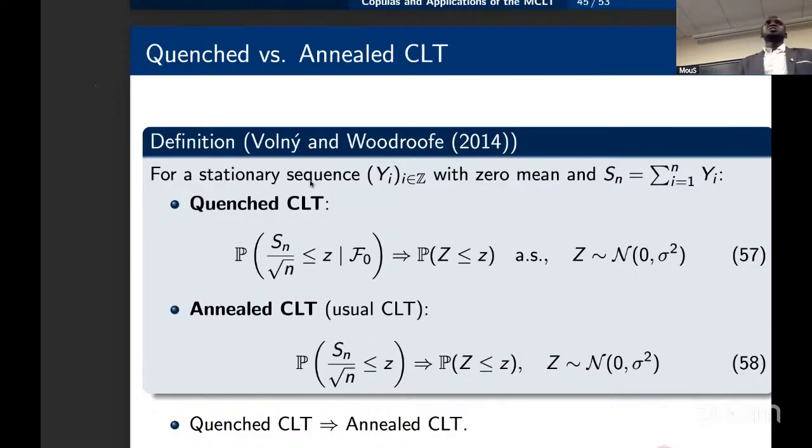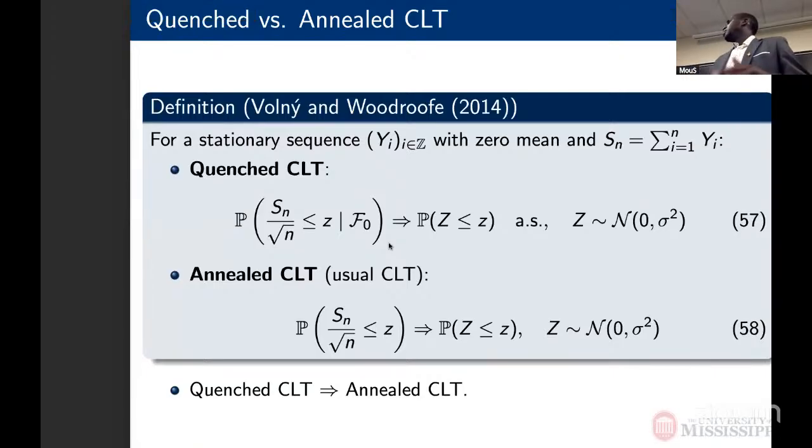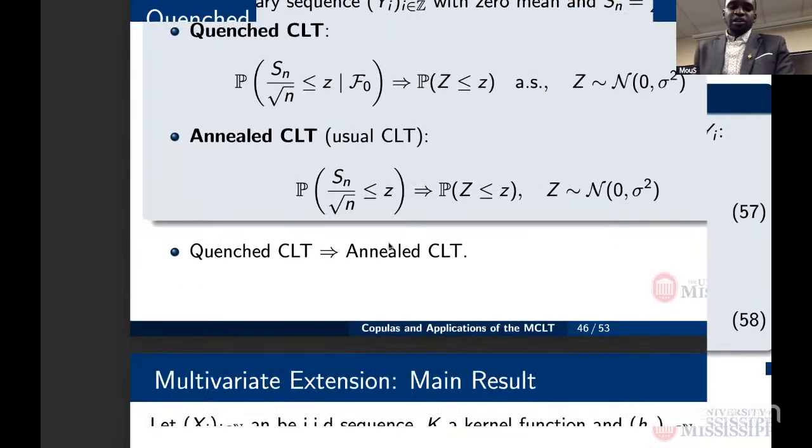And the annealed central limit theorem is the normal one, where we don't condition, it's unconditional. That's what we used in the previous chapters and the previous projects. The quenched central limit theorem implies the annealed central limit theorem. It's a strong result, so proving one is also proving the other.